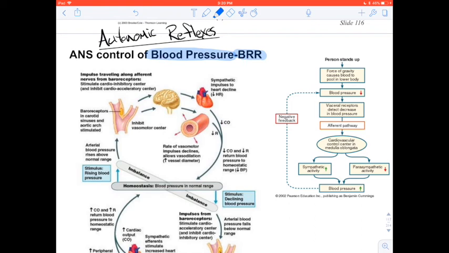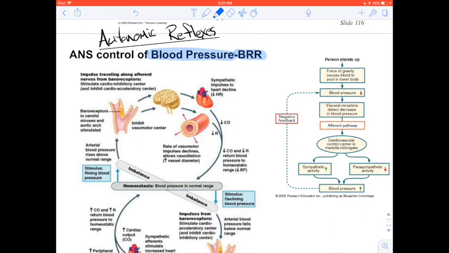Or you stood up from the couch too fast, and what happened? You get lightheaded, right? Your blood pressure drops because your blood's pooled in your legs, or it's pooled in the lower part of your body because, gravity. Then you stand up, and now all of a sudden the blood can't get to your head because it's all kind of sitting in other parts of your body, and your blood pressure drops, and you feel like you're going to pass out. So how does your body respond to that?